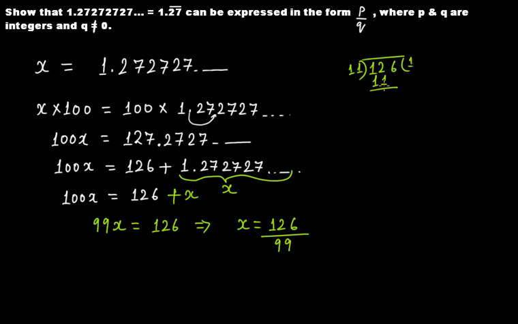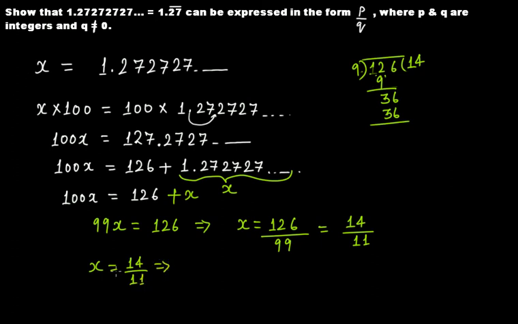This should be divisible by 9. If you divide both the numerator and denominator by 9, you get 14 and 11. So x is equal to 14 by 11.